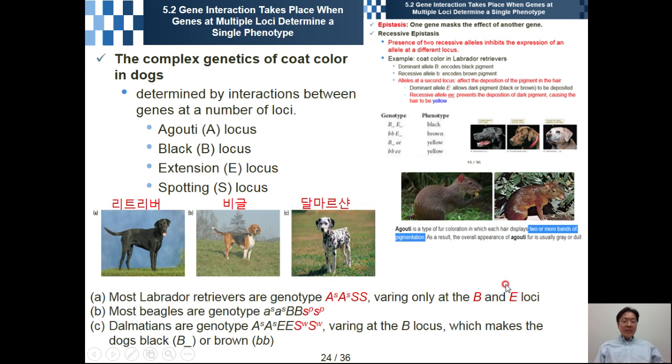They have the large E, bearing on B and E. So they have the agouti color, and they also have S.